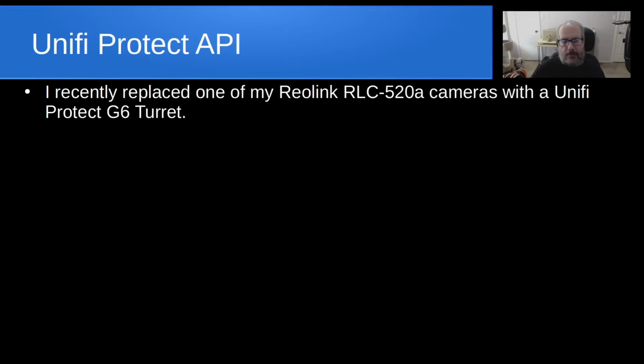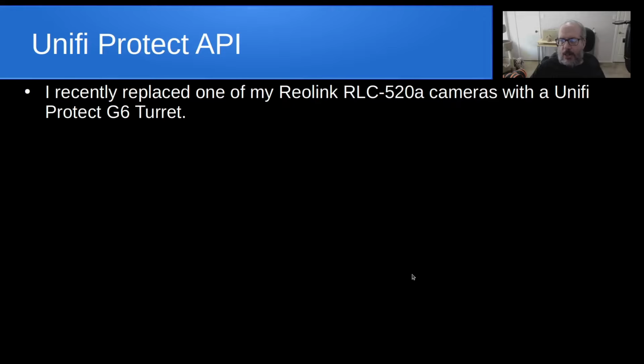So that being said, I'm going to discuss some things around what makes Unifi cameras a little bit different. And also, the discussion today is going to center around something called the Unifi Protect Application Programming Interface. So I recently replaced one of my Reolink RLC 520A cameras with a Unifi Protect G6 Turret.